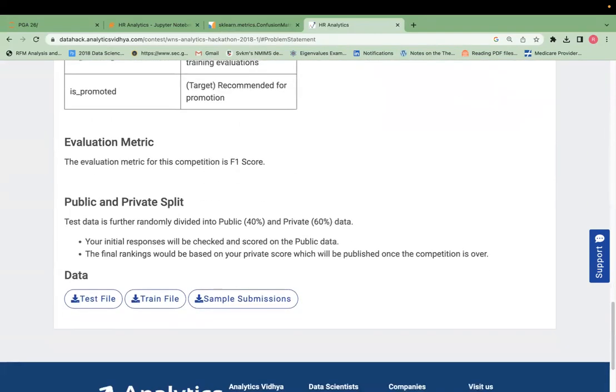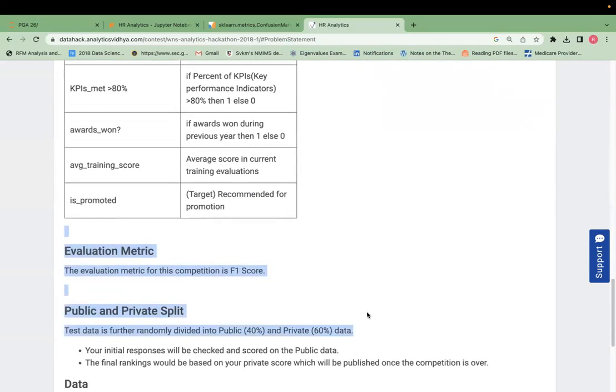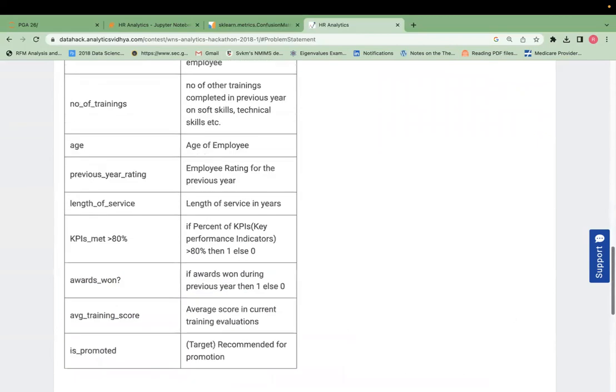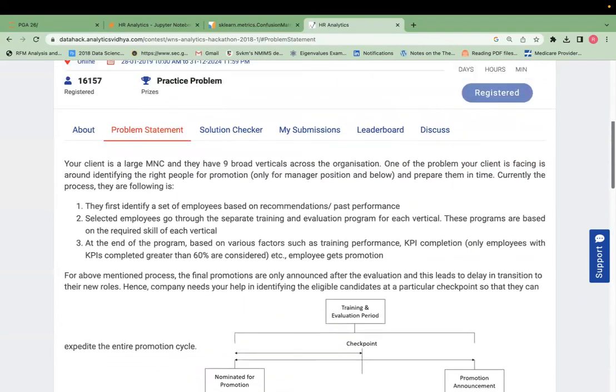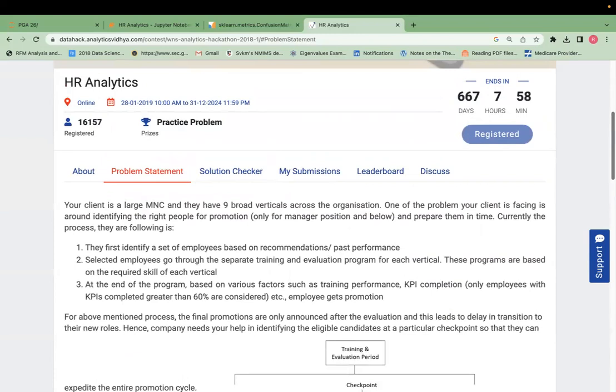Now they want you to build a model that predicts which type of employees are getting promoted. Our idea is to build a model, and if you give some data to that model, it will tell us whether the particular employee will be promoted or not.